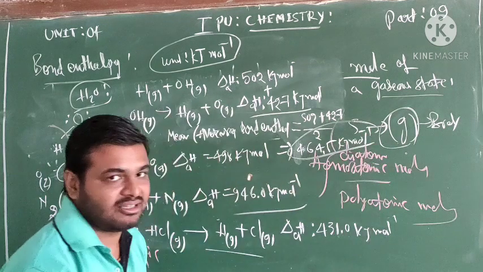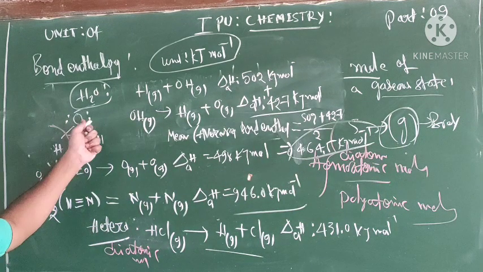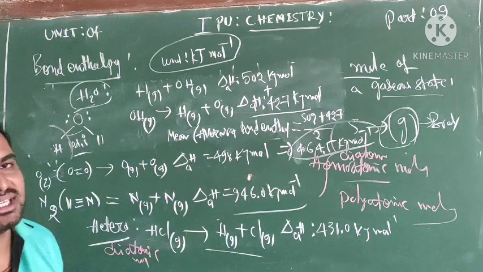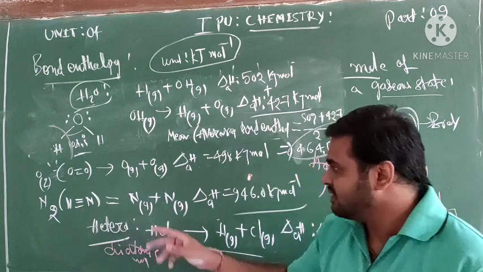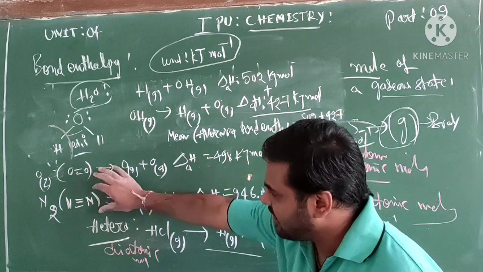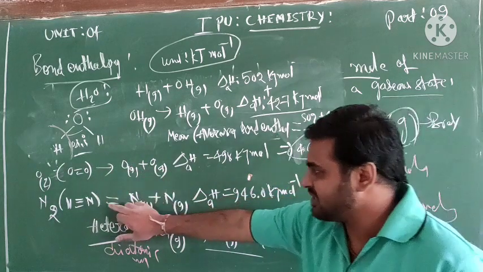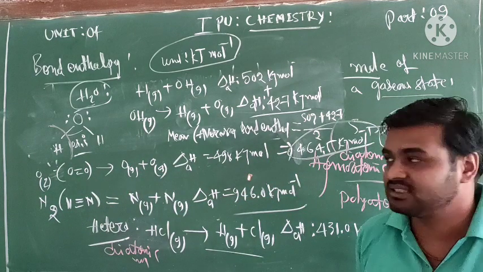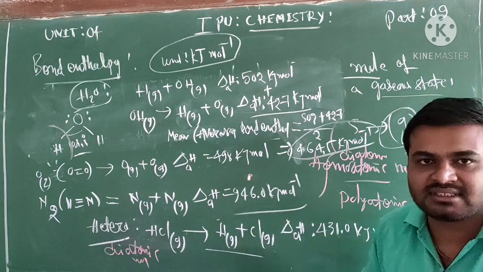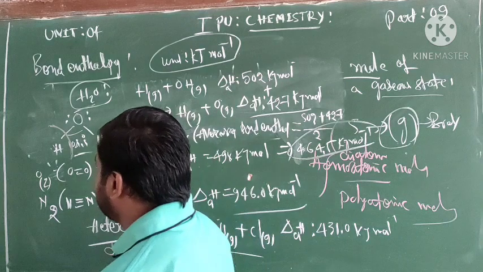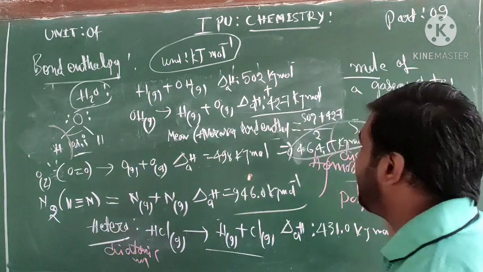This is the value for polyatomic molecules. This is about bond enthalpy. Clear? A very important thing: a molecule with multiple bonds present, a triple bond, has the highest value of bond enthalpy. Okay, next we go for bond order.